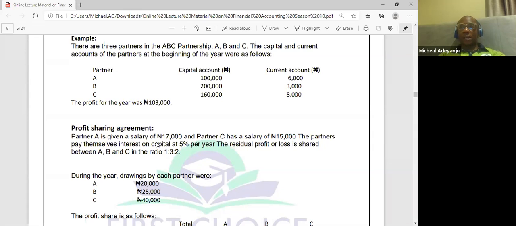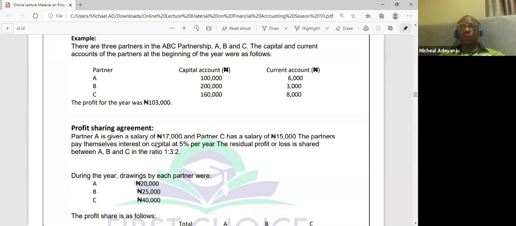The current accounts for partner A is 60,000, 40,000 for partner B, and 8,000 naira for partner C.